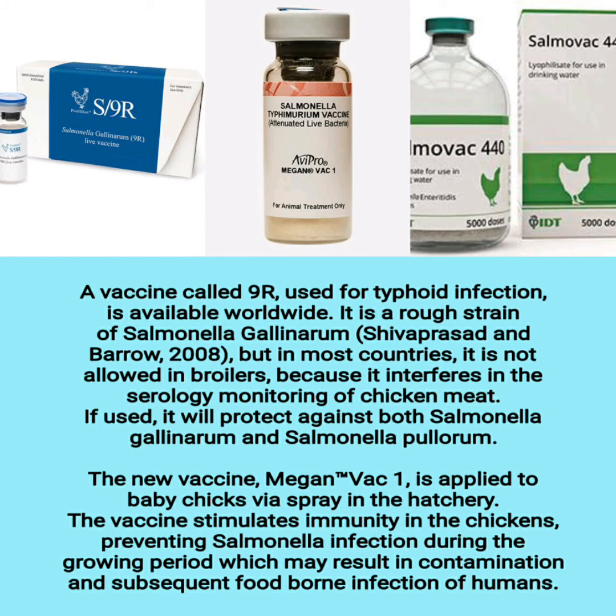The new vaccine, MONARCH 1, is applied to baby chicks via spray in the hatchery. The vaccine stimulates immunity in the chickens, preventing salmonella infection during the growing period, which may result in contamination and subsequent foodborne infection of humans.